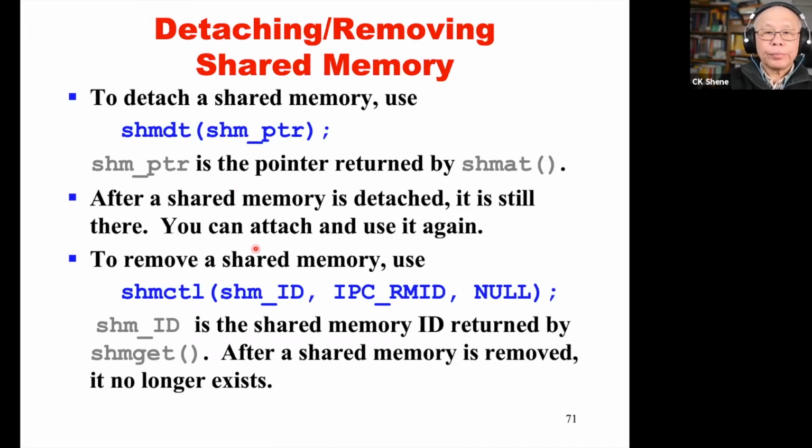So the one who created the shared memory with IPC create must call shared memory control to remove it. Here, you just put the shared memory ID returned from shared memory get, followed by IPC remove ID, followed by null.